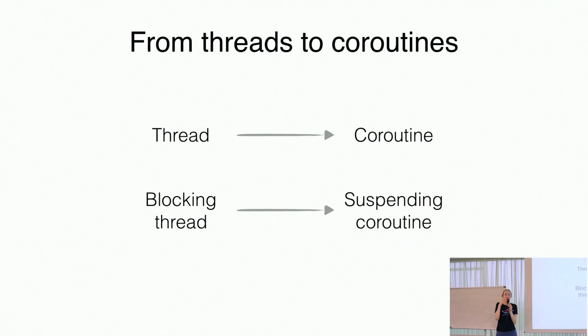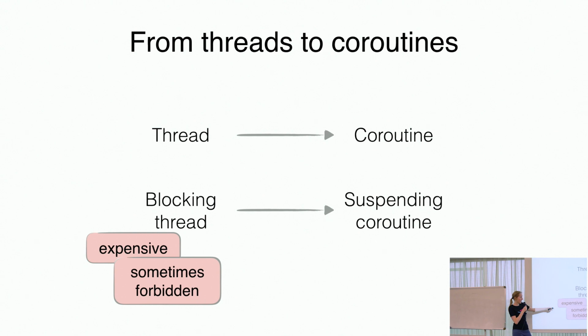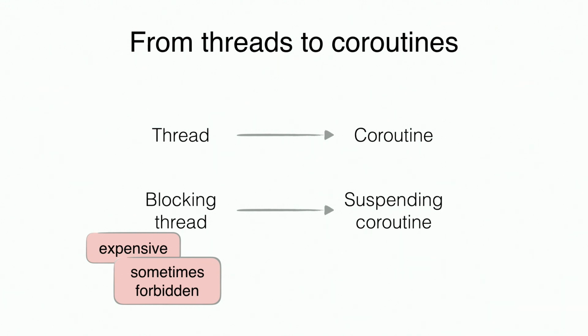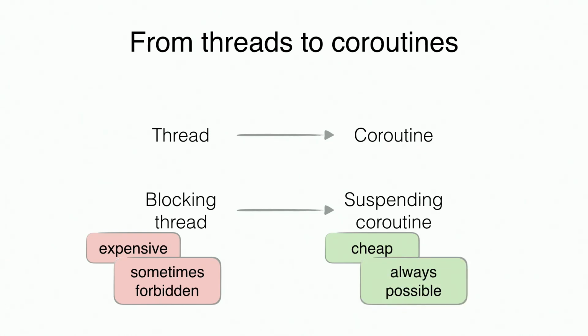And now we replace the action of blocking a thread, which was expensive and undesired, with the action of suspending a coroutine. Blocking a thread is expensive, and sometimes you can't do it, while suspending a coroutine is cheap and it's always possible.